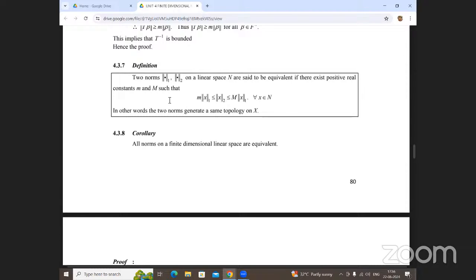This theory is much more important, especially Dr. B.R. Ambedkar Open University study material, a much-referred resource for preparing for the NET exam, UGC NET exam. This is one of the finest materials for all the papers. In the post-graduation first year: algebra, real analysis and DMS, and the fourth one, differential equations, topology.